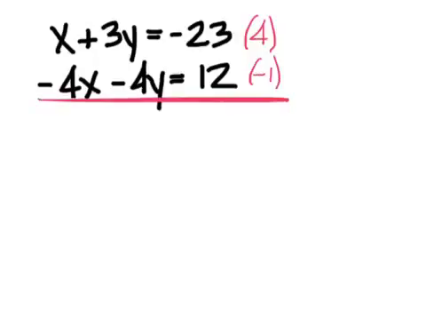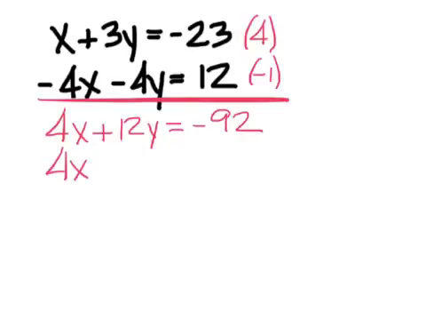So now multiply the entire top equation by positive 4 and come up with 4x plus 12y equals a negative 92. And then on the bottom one you have to multiply that one by negative 1. So it's 4x plus 4y equals negative 12.